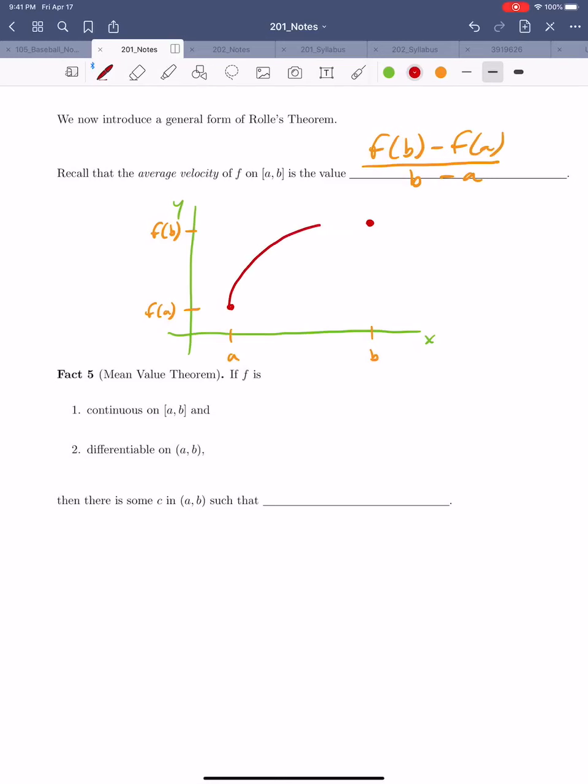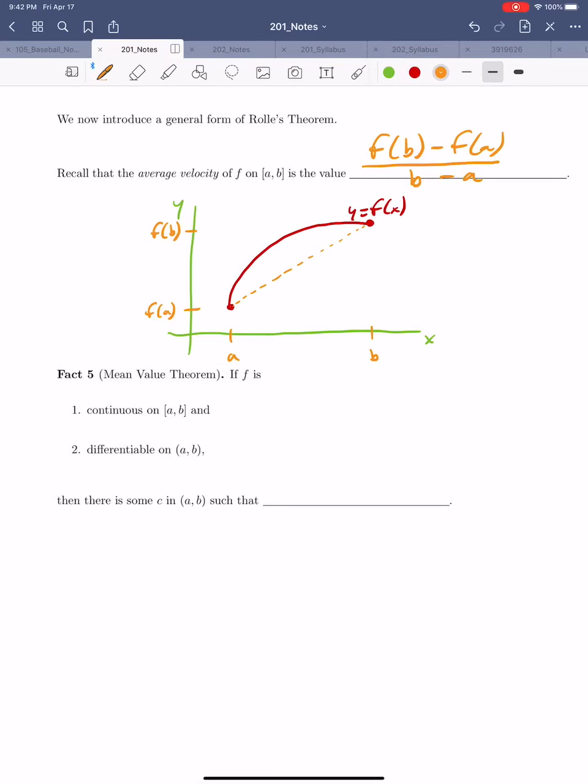And perhaps our function does something like that. This is y equals f of x. And our secant line, perhaps I'll use this, is this line right here. Again, it's the line connecting a comma f of a and b comma f of b.